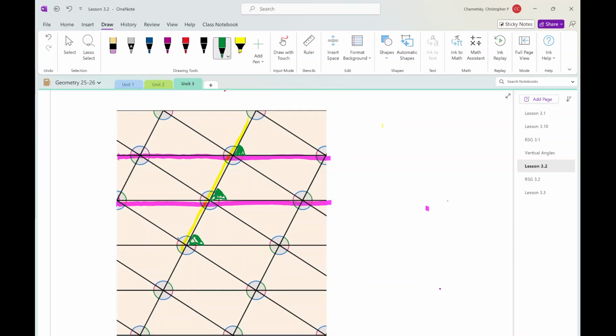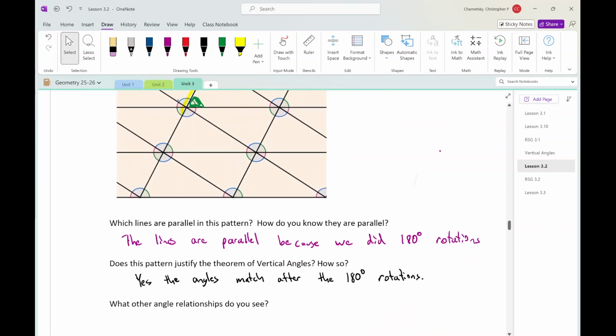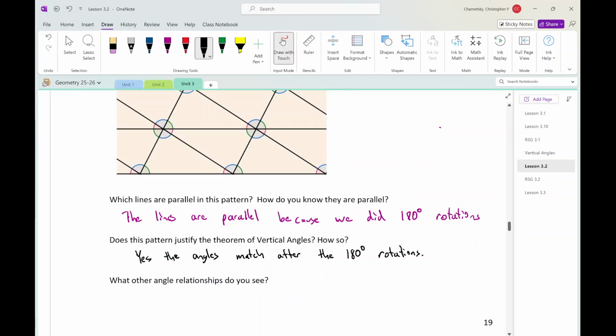Okay, so if we were to take these two pink lines and this yellow line, we kind of pull it out of this tessellation. We only look at that, so we can see, yes, there are repeated angles along the parallel lines.